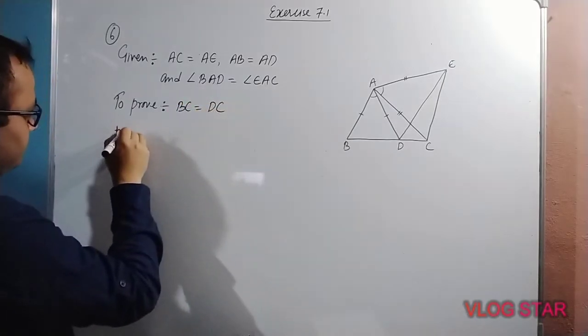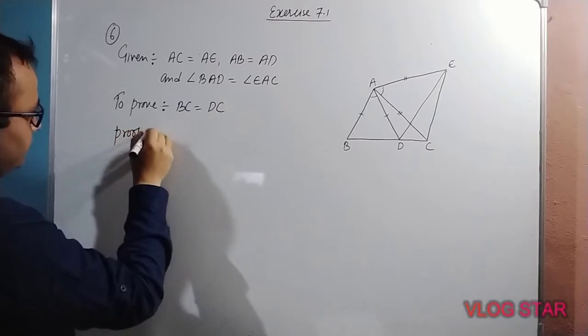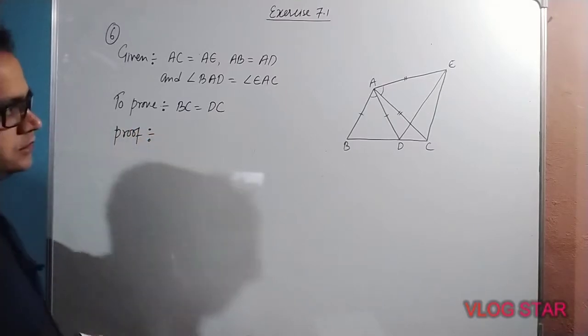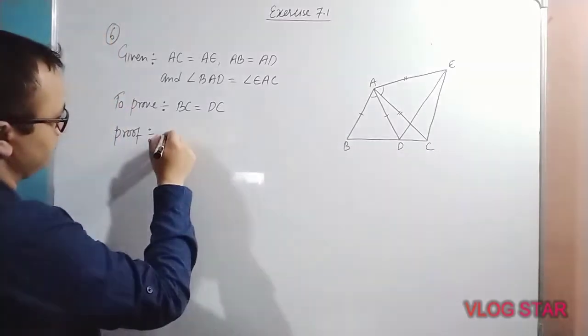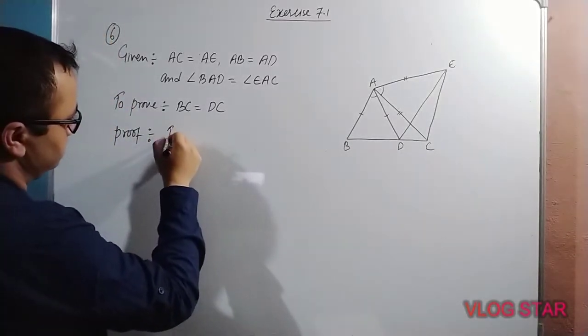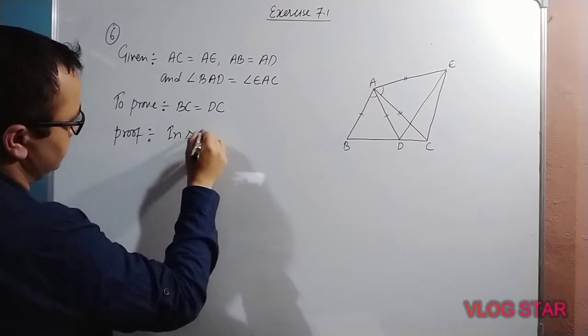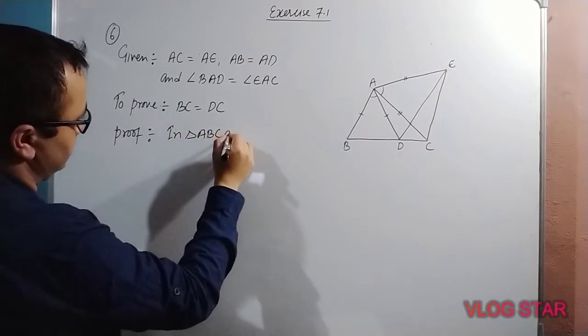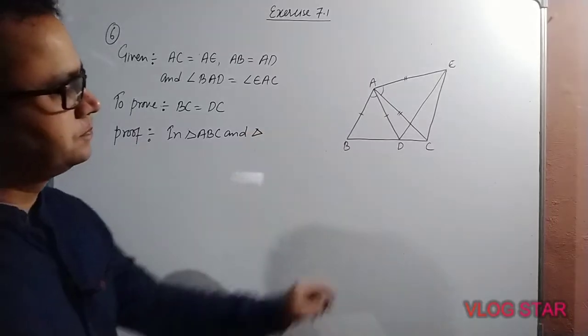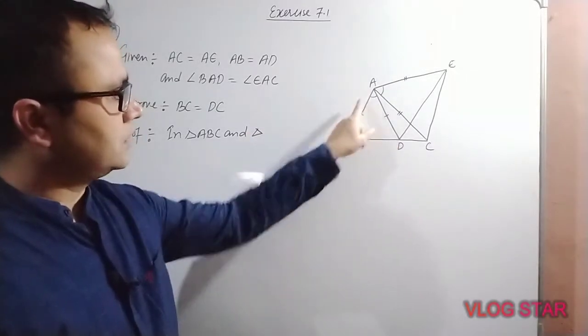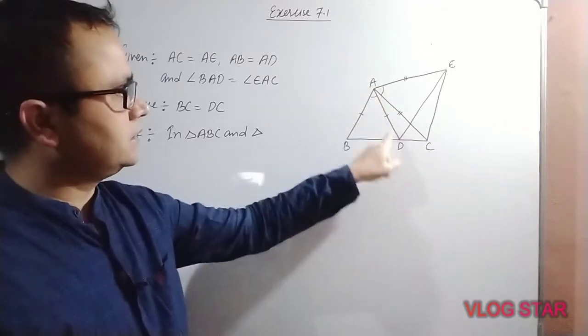Now the proof. In the proof we consider triangle ABC and triangle ADE.